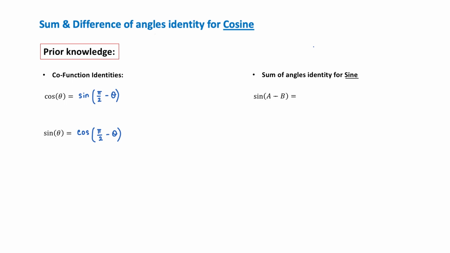So imagine 90 degrees minus theta, same conclusion. Now for the sine of A minus B, this is equal to the sine of A times cosine of B minus sine of B times cosine of A. So these are three concepts that we need to assume in order to derive the other two identities for cosine.